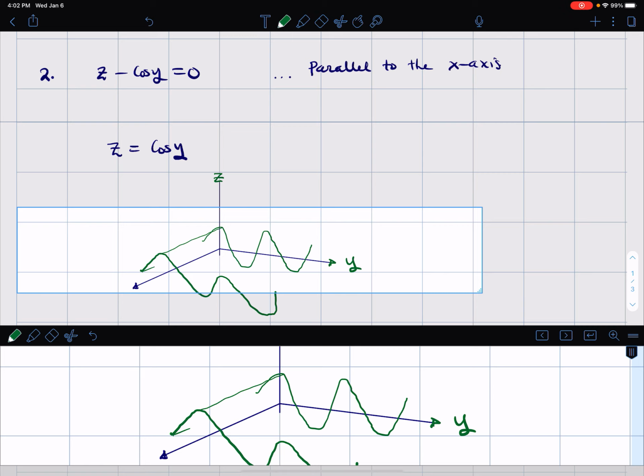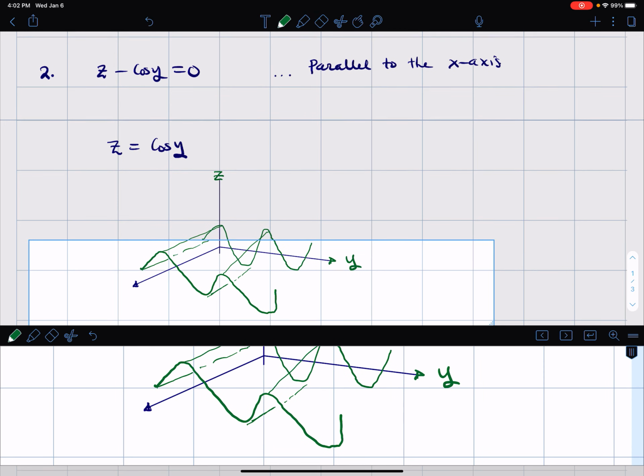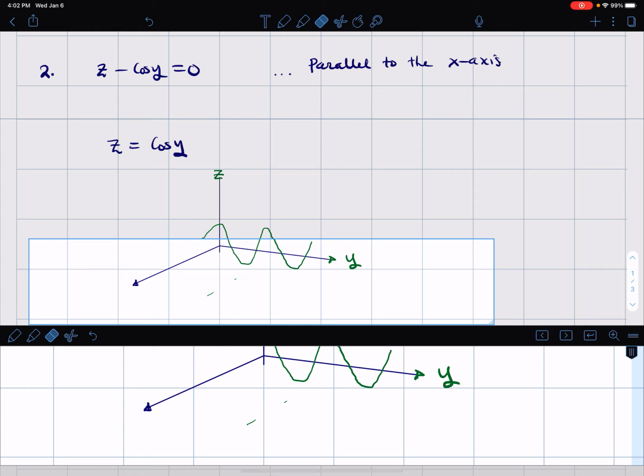It's a little better. The iPad is not the best to draw. This would have been so easy for me on the board, but it's fine. We're not trying to be perfect here.